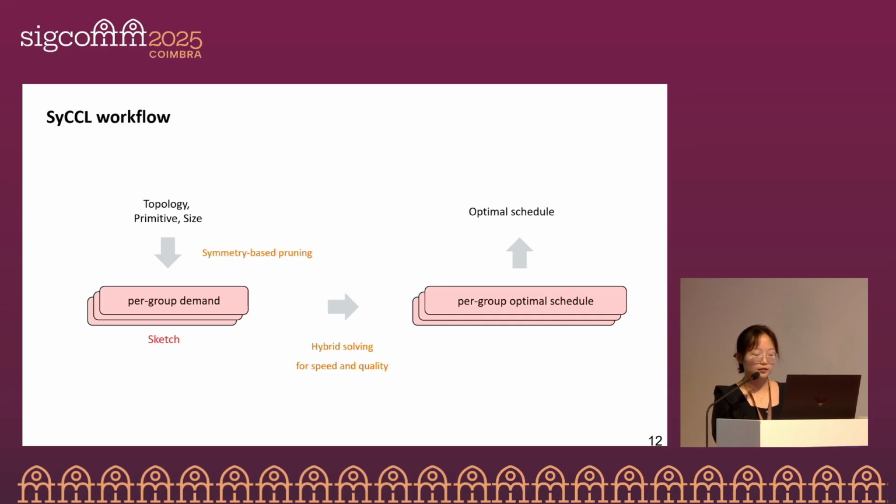Finally, given the synthesized schedules, we run a high-fidelity simulator to estimate the performance of each schedule and select the best one. More details are in our paper, including the pruning rules, the solver settings, and the simulator design.